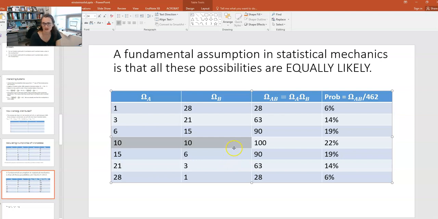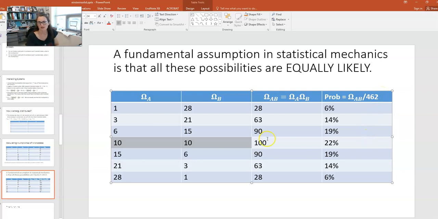Okay? So, if you then compare the multiplicity of system AB for these different scenarios with the total number of possible outcomes, right, which we already showed would be 6 oscillators, 6 excited states, giving a total multiplicity of 462, then we could calculate the probability for each one of these ways that the energy is distributed, right, by taking that omega AB multiplicity and dividing it by the total multiplicity, which is 462.